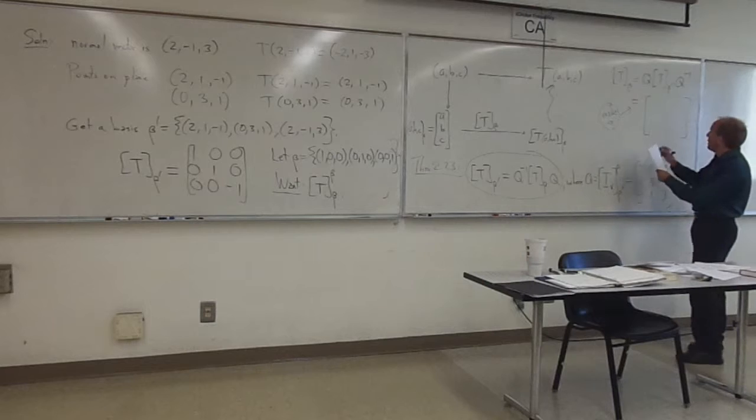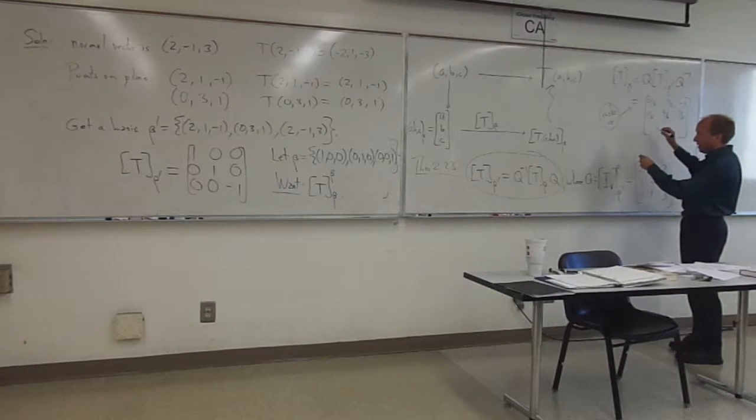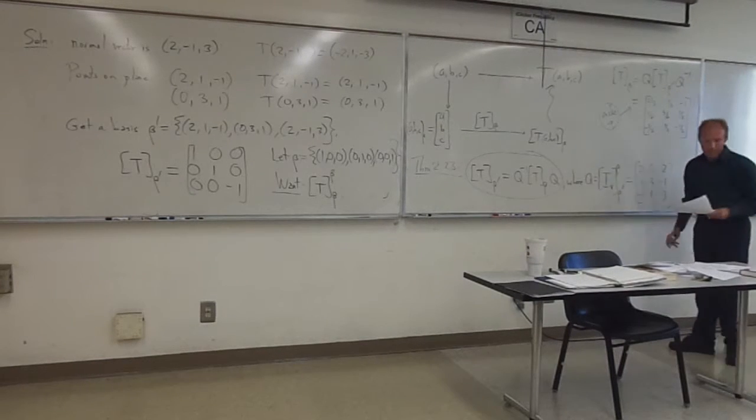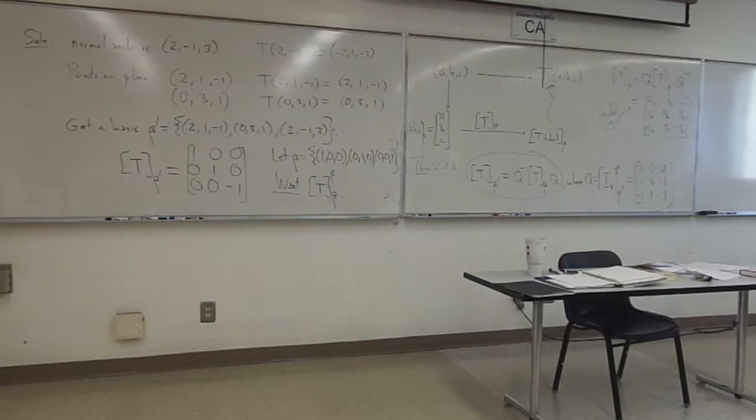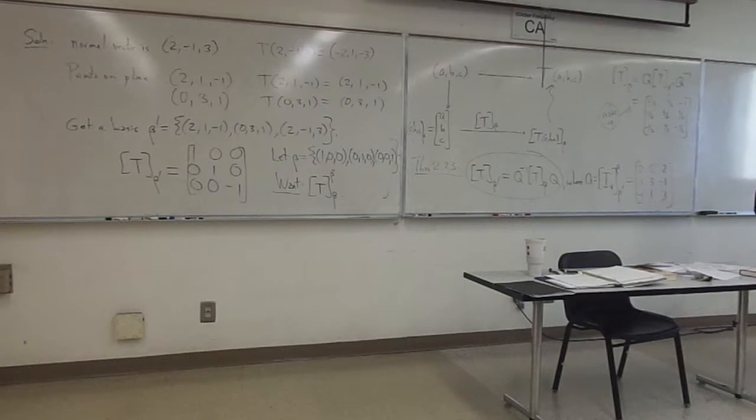I got 2/3, 1/3, -1, and then 1/6, 5/6, 1/2, and then -1/2, 1/2, -1/2. This is for the whole T sub beta thing. I'm just jumping straight to that. Let's just say that happens to be right.